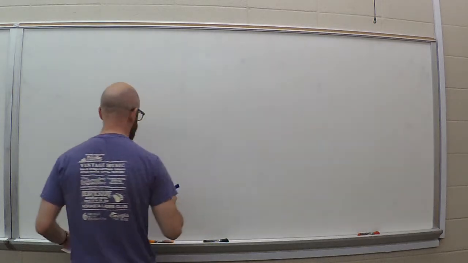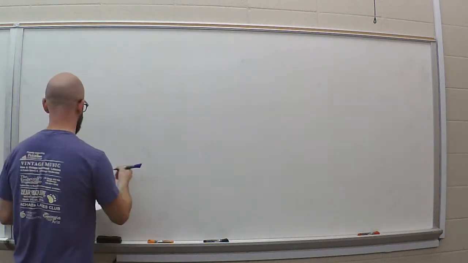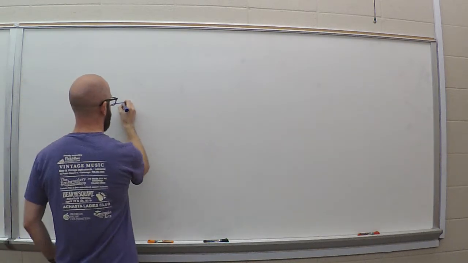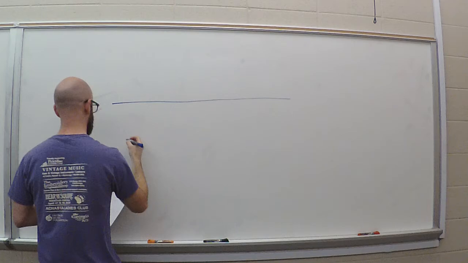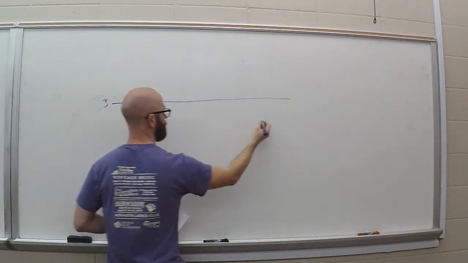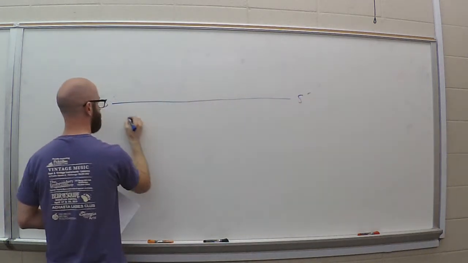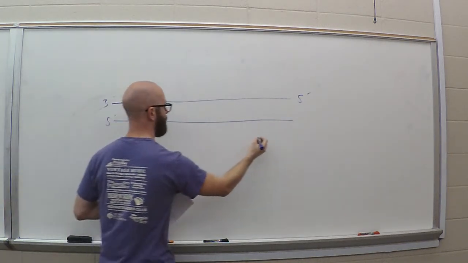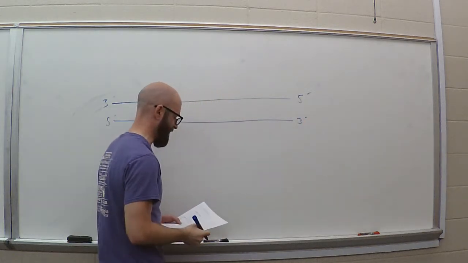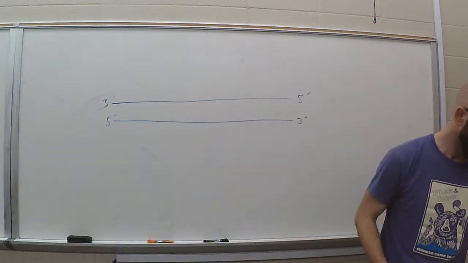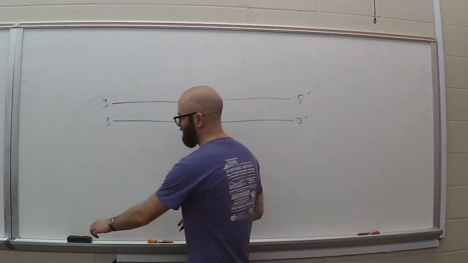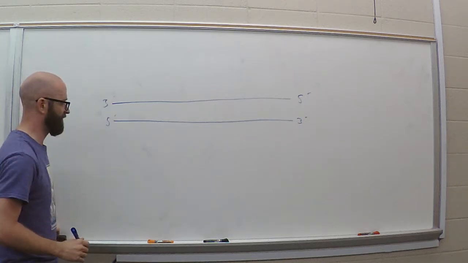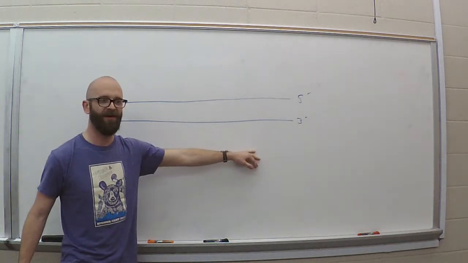All right, so if you look at a gene, right, it's encoded in DNA. DNA is double-stranded. We'll draw double-stranded DNA, 3', 5', and then over here, 5', 3'. So for every gene encoded in your DNA, there's a double strand of DNA, right?